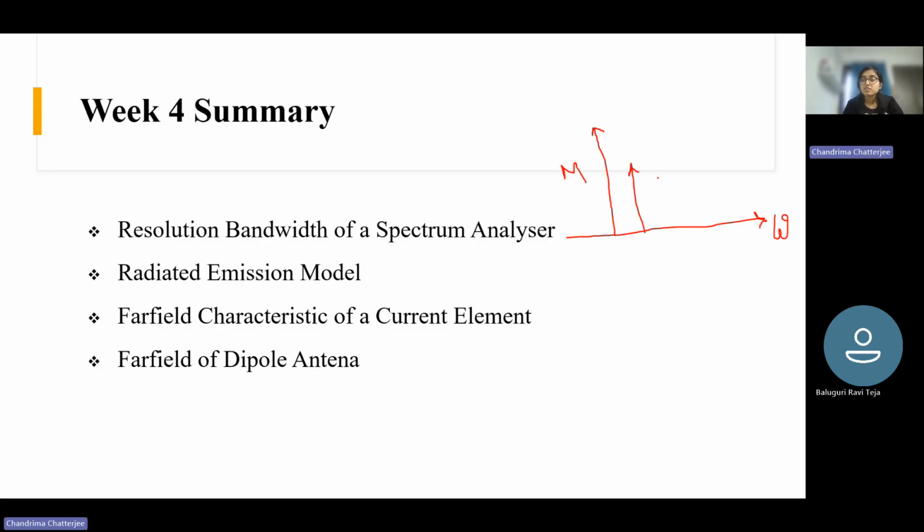There are various frequency components, and there are certain limits, some regulations, which are specified by FCC and CISPR 22. These are the standards, and they have set some limit for frequency components in a certain frequency range.